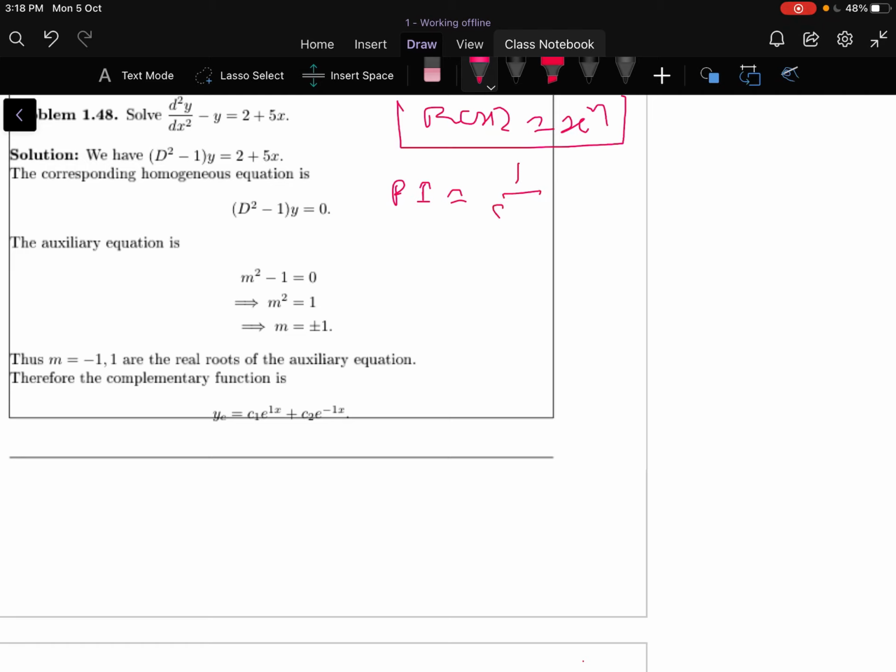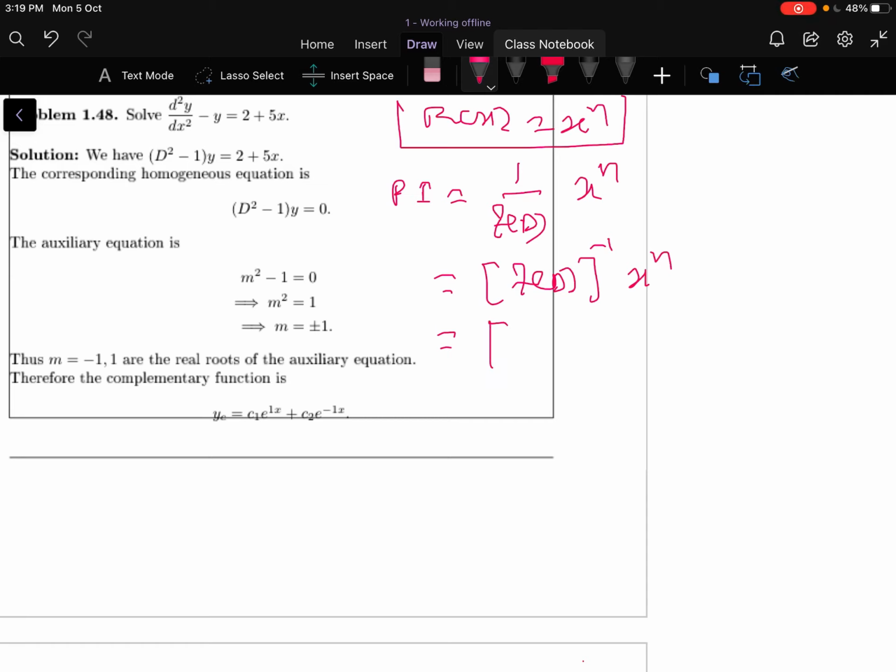We know that the particular integral is 1 by f of D into r of x, here x power n. It is a polynomial of degree n. So in the case of a polynomial, this can be written as f of D whole power minus 1 into x power n.